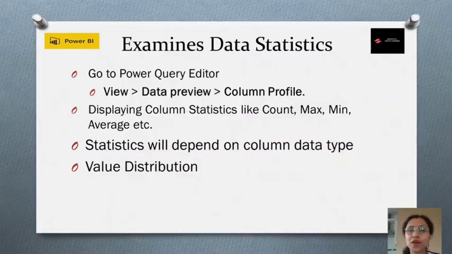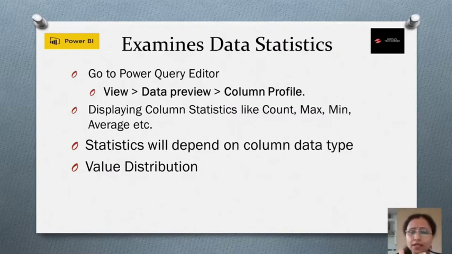Now we are going to understand how we can examine the data statistics. What does that mean? How do we get this information? Similarly, in Power Query Editor there is a column profile, and this column profile will display column statistics like count, max, minimum, average, and it also depends upon the column data type.